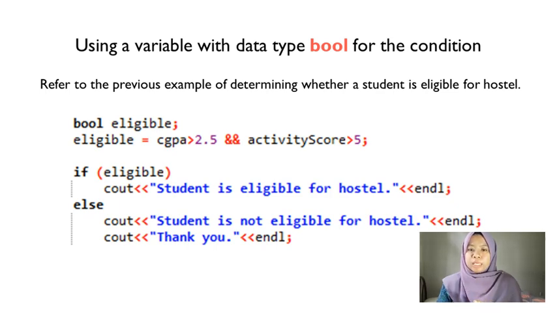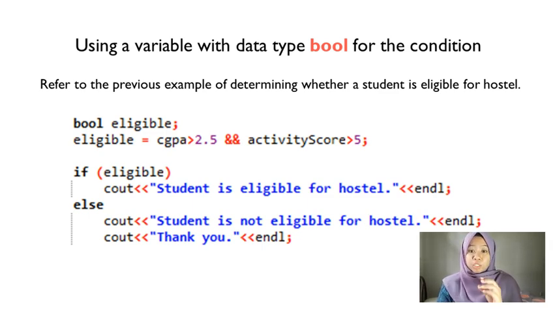We first declare the eligible variable using the data type bool, and the eligible variable will have the condition CGPA larger than 2.5 and activity score more than 5, and then it goes to the if statement.